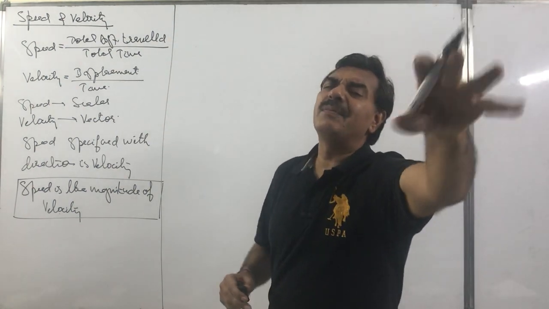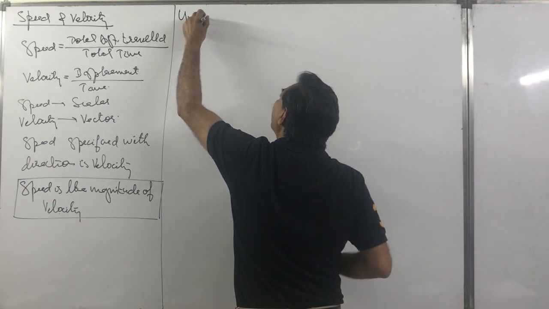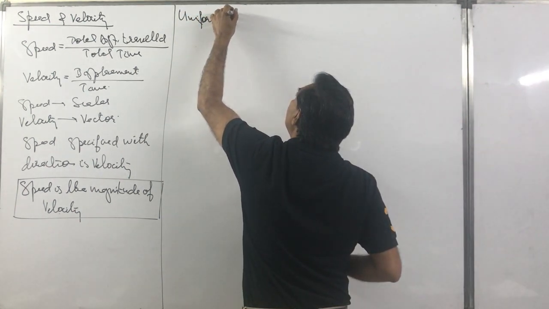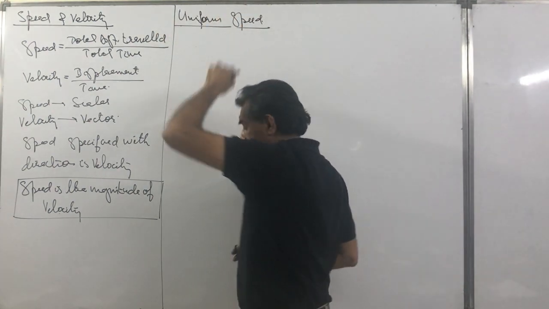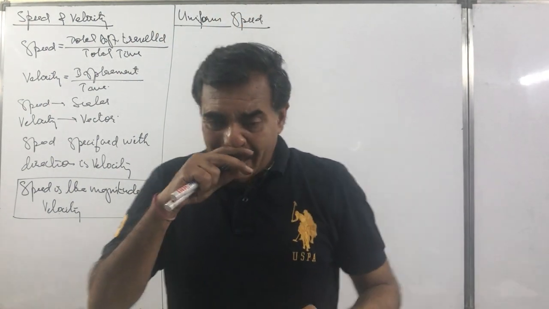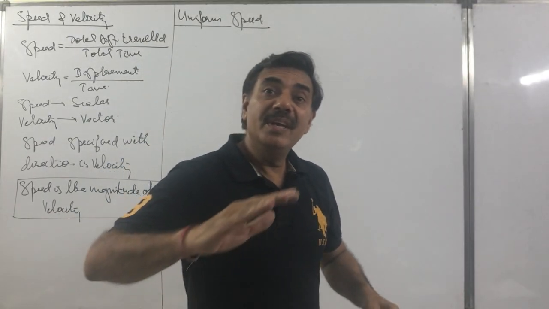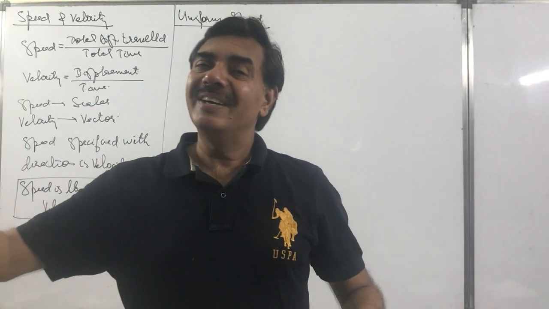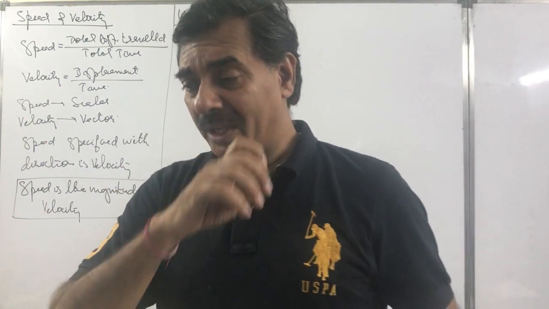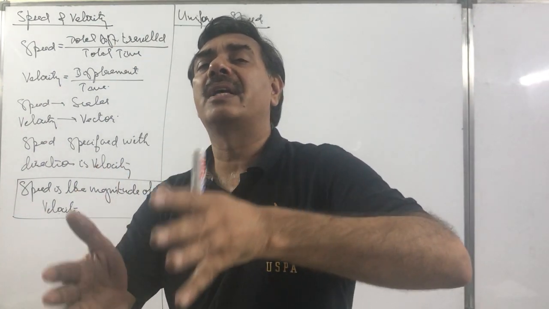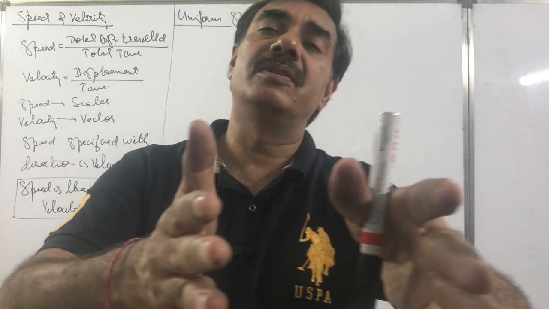Since your class 7 or 8, you have been trying to memorize something called uniform speed. And the definition goes like this: if equal distances are covered in equal intervals of time, or you can say if the position of a particle changes equally. Change in position is called distance.